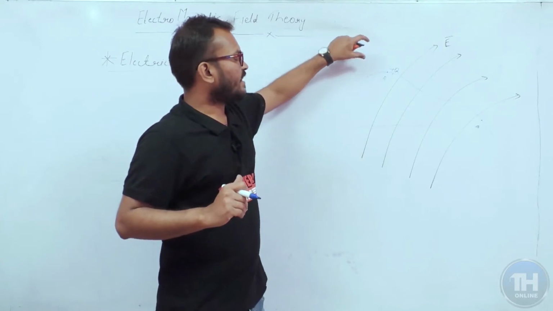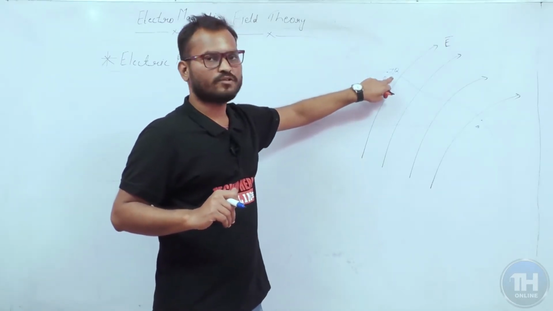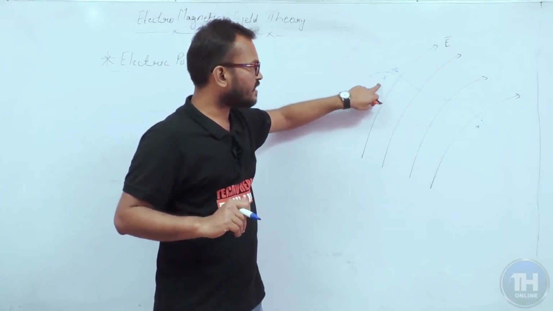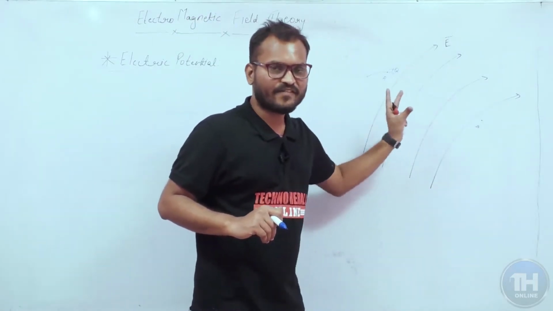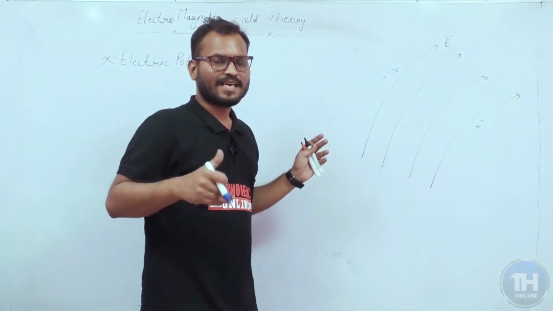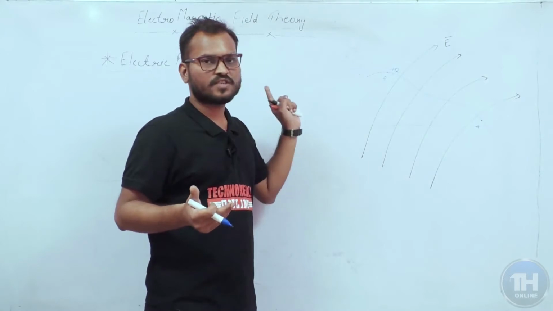So if any person wishes to move this plus Q charge from the point A to the point B in this electric field, he has to spend some energy in order to move it.